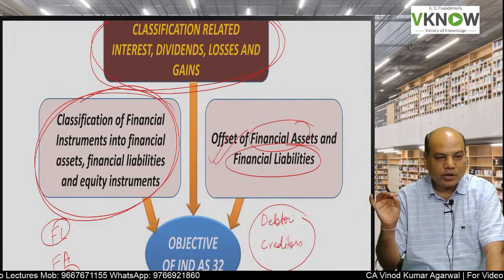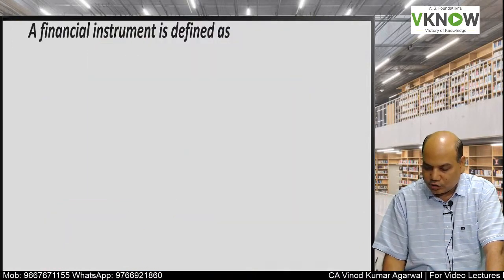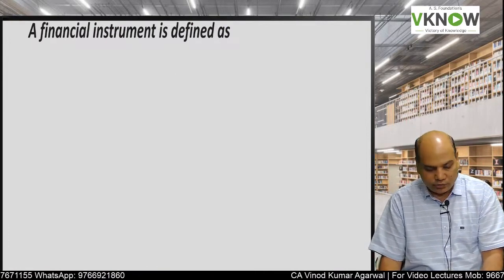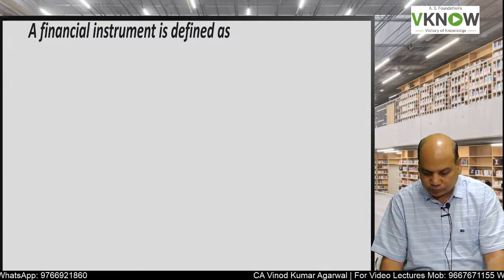And third is, what will be the treatment of interest and dividend, gains and losses in the profit and loss account and SOCIE. So let us first deal with the definition of financial instrument.